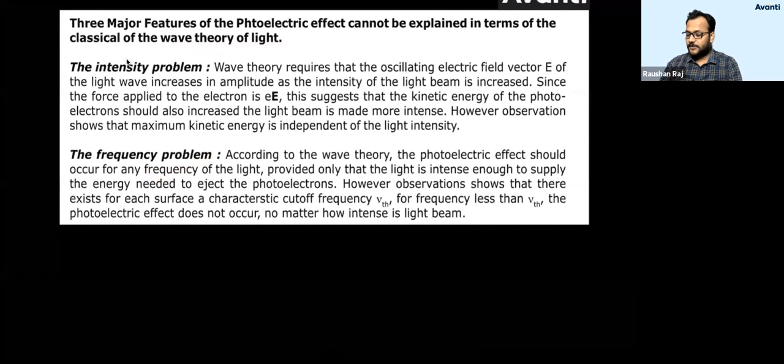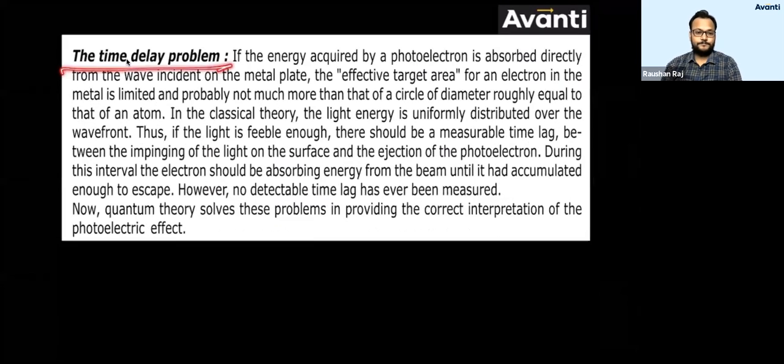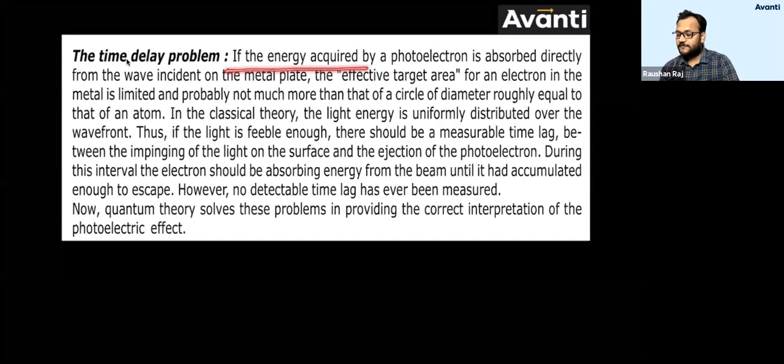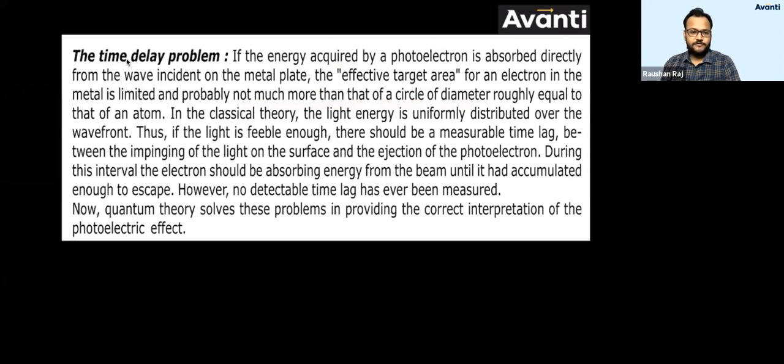All right. Third problem क्या है बच्चा? Time delay का problem. If the energy acquired by a photoelectron is absorbed directly from the wave incident on the metal plate, the effective target area for an electron in the metal is limited, probably not much more than that of a circle of a diameter roughly equal to that of an atom.